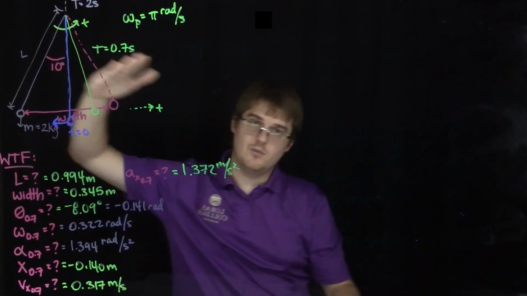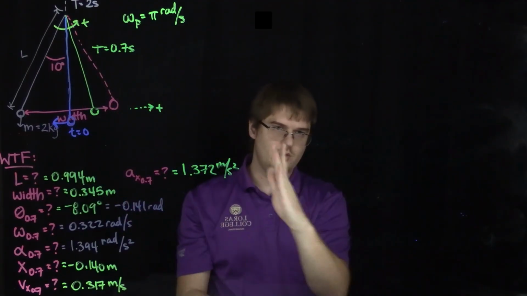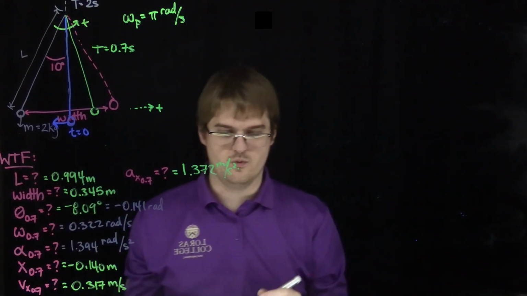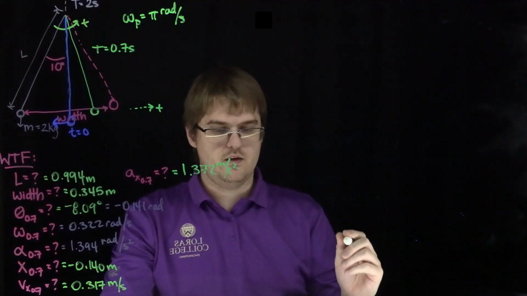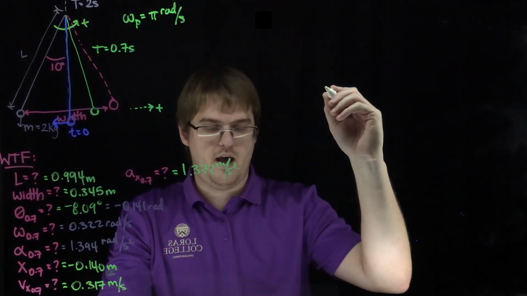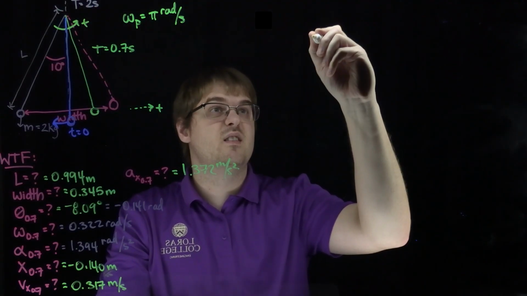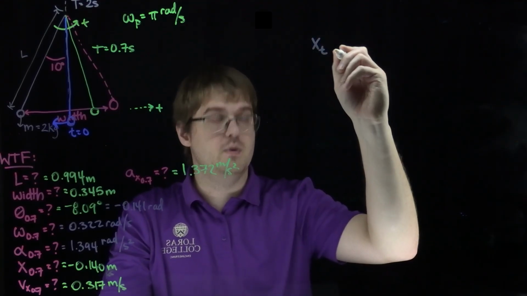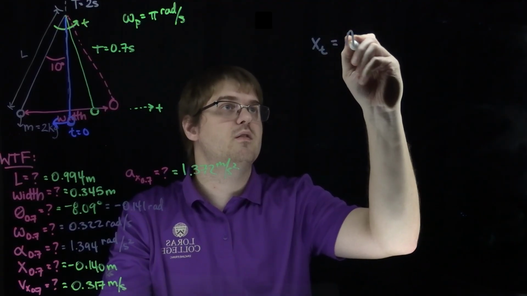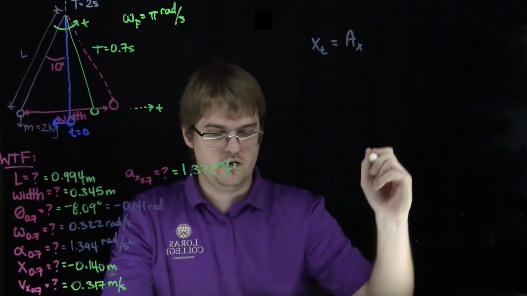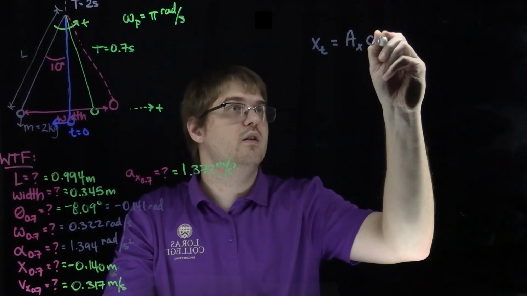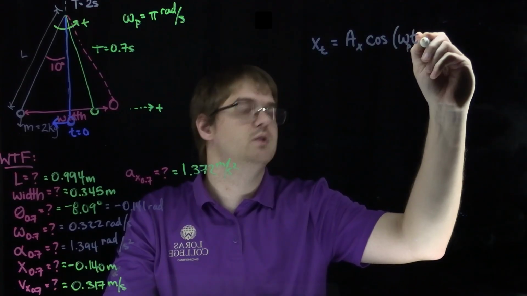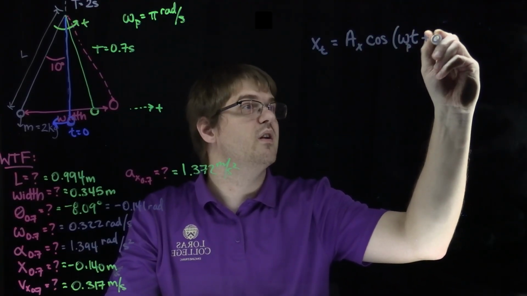So long as we don't have some big sweeping pendulums, as long as you have a small angle, we can solve this in a different way. And that way is basically saying that our x at any time t is going to be equal to our maximum a in the x times our cosine of omega t, so this is omega pendulum t, plus phi.